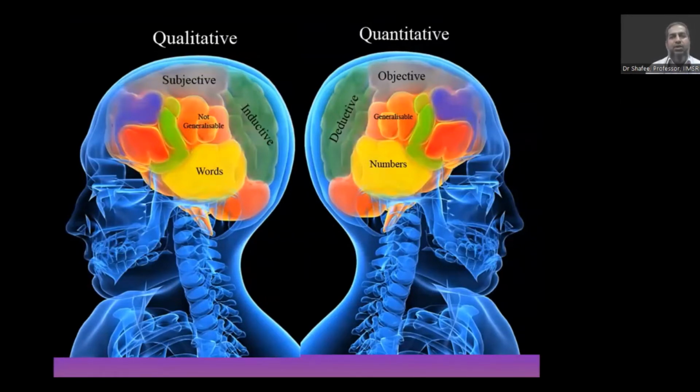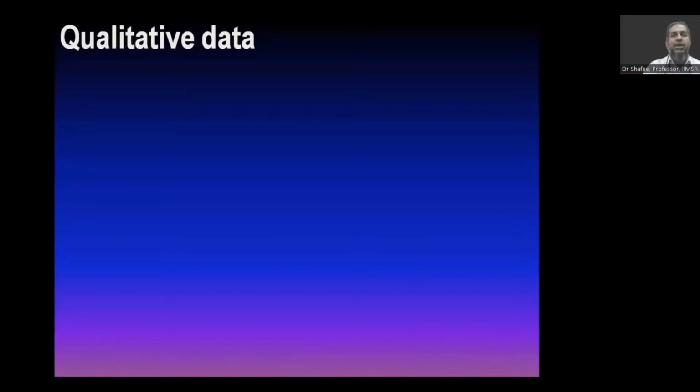Whereas in quantitative data, it is objective and you'll find this in terms of numbers. In case of qualitative data, it is not generalizable. Whereas in quantitative data, it is generalizable. So these are the differences between qualitative and quantitative data.